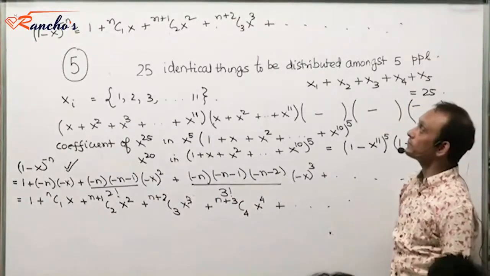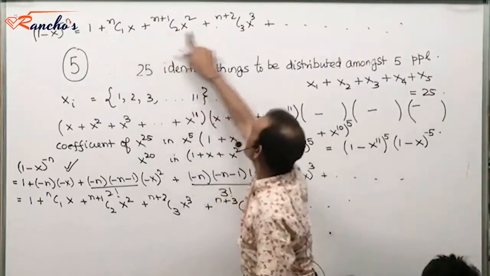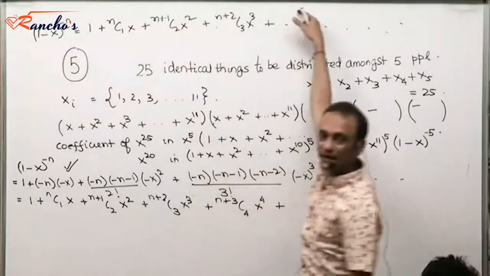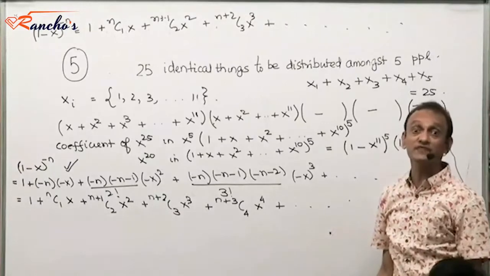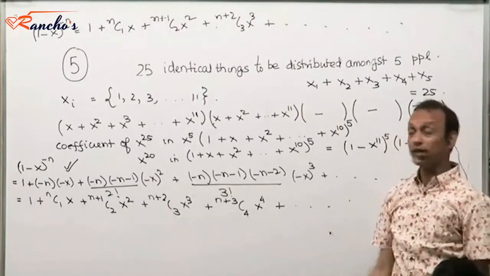This is how it's going to happen. These are increasing by 1 and these are also increasing by 1. This is the expansion of 1 minus x power minus n, where n is a natural number. Right?